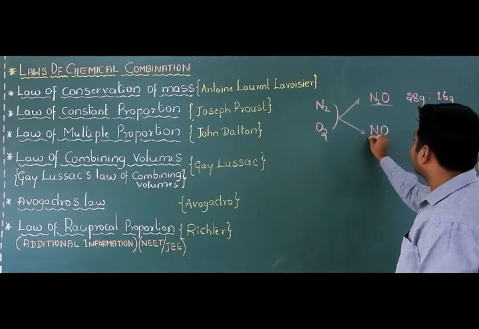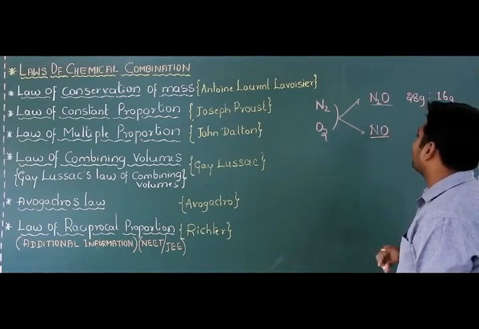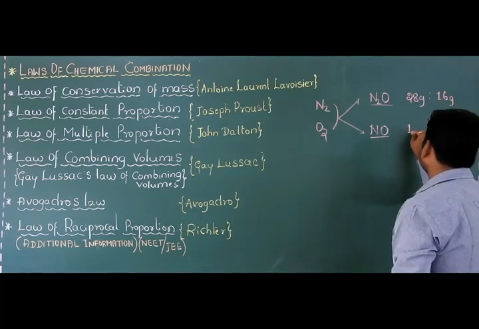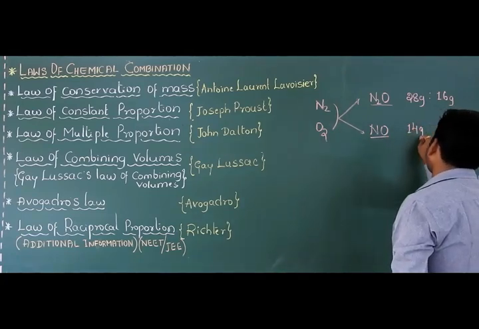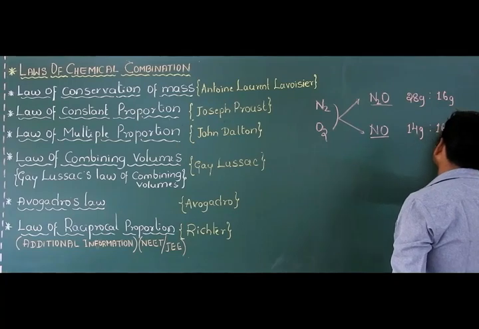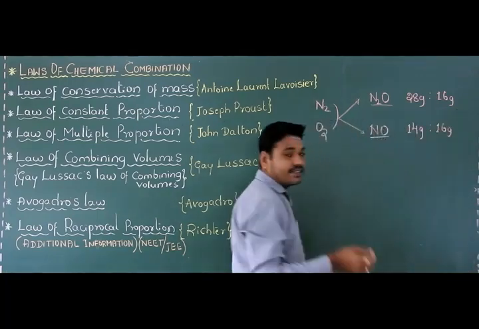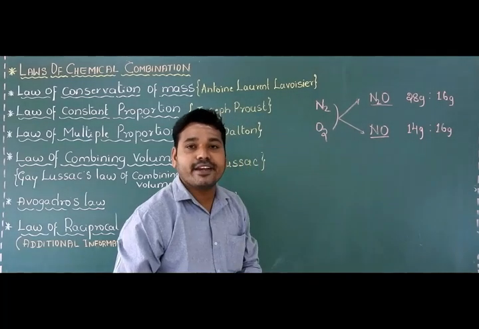And in this nitric oxide, one nitrogen and one oxygen. The mass of nitrogen is 14 and the mass of oxygen is 16 gram. Listen to this point carefully. Listen to the second sentence in this statement.